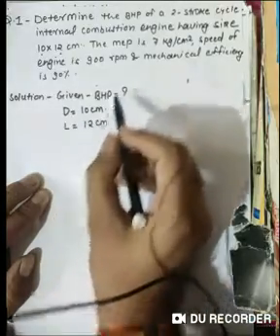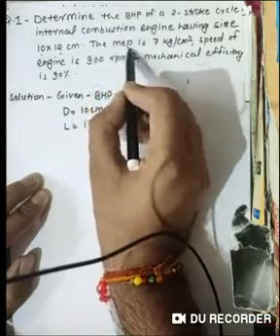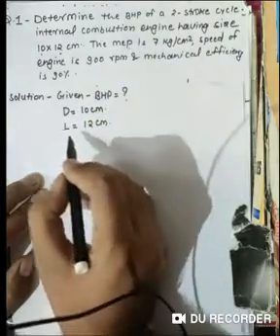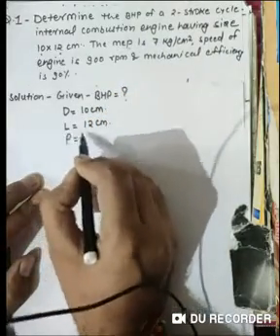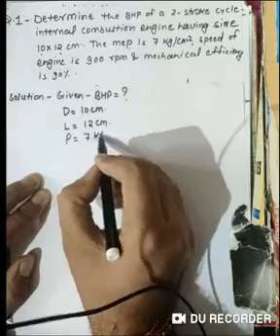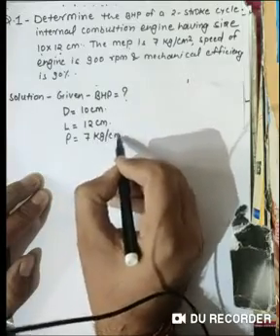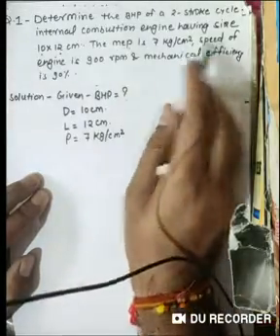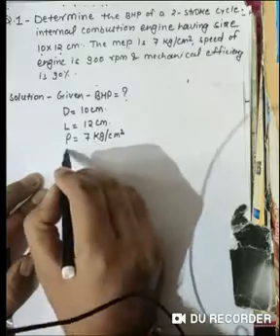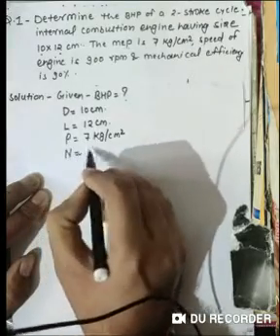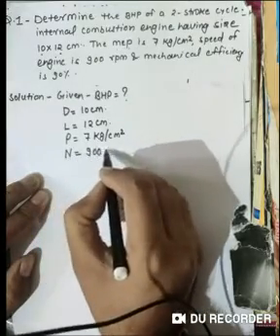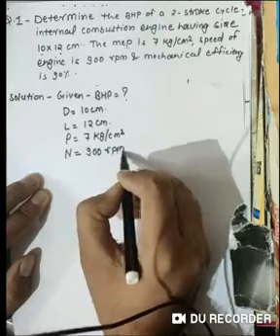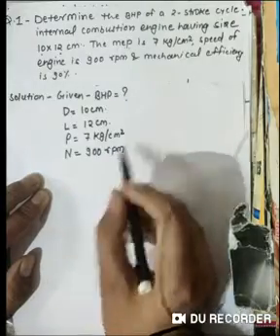Okay, the mean effective pressure is 7 kg per centimeter square. So pressure is 7 kg per centimeter square. Speed of engine is 900 rpm. Speed n is equal to 900 rpm. rpm stands for revolutions per minute.